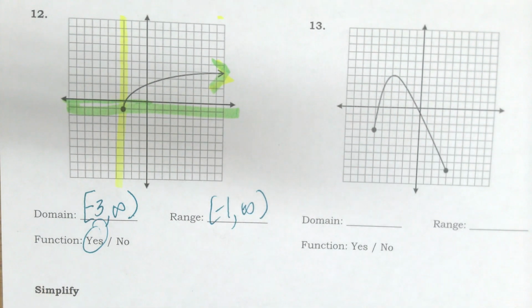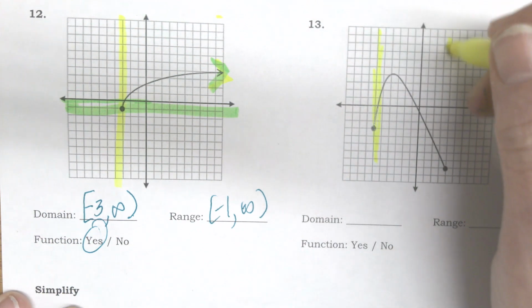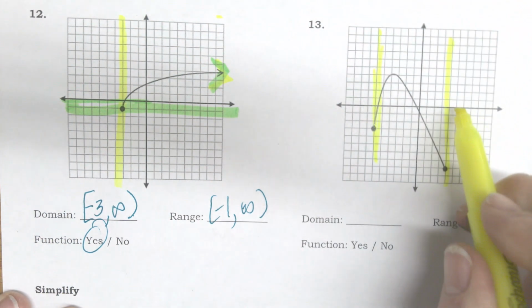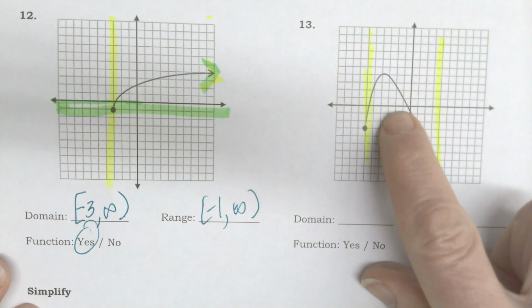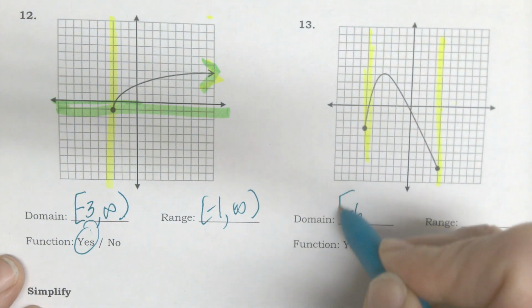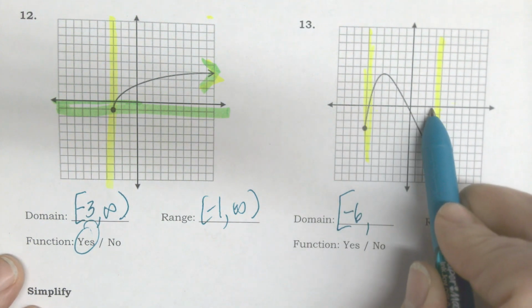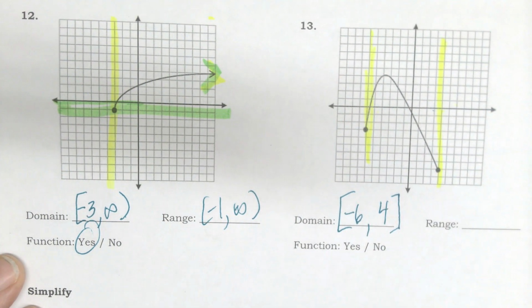Up next, I'm going to do my domain from left to right. I want to try and encompass the whole picture. And then I'm reading where my yellow line crosses the axis. And so this is 1, 2, 3, 4, 5, 6 to the left of center. So that goes from -6 to 1, 2, 3, 4 on the right.